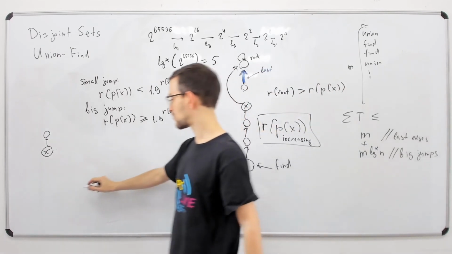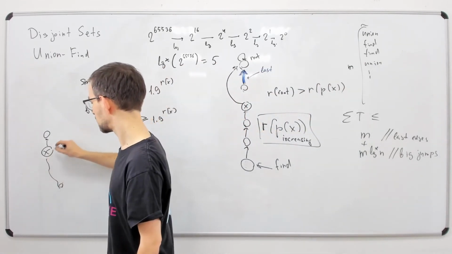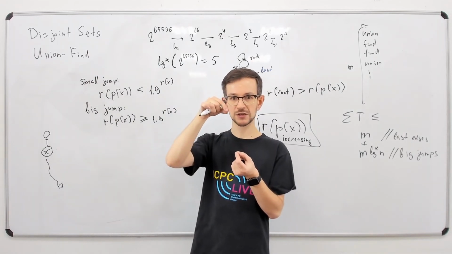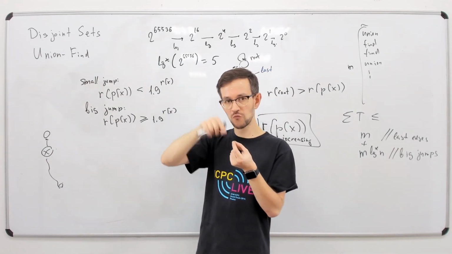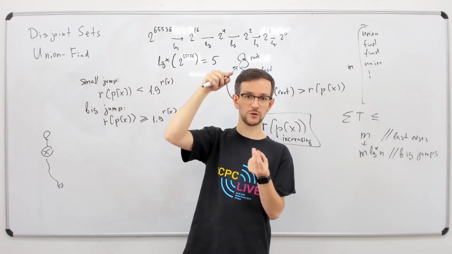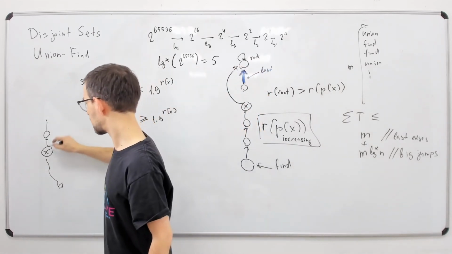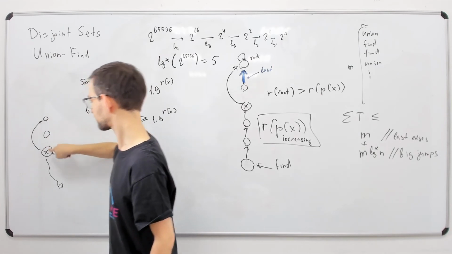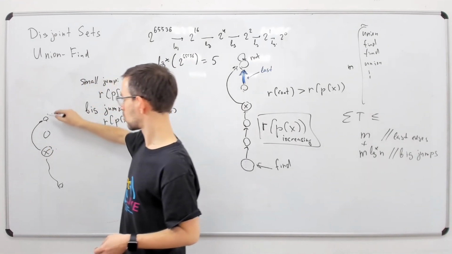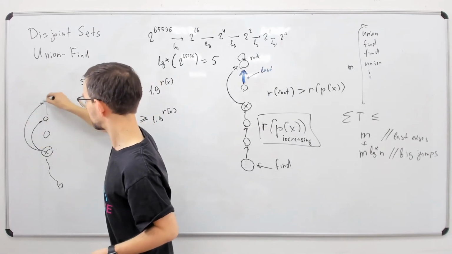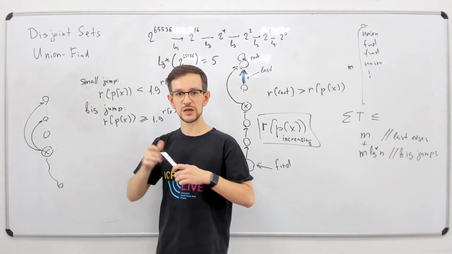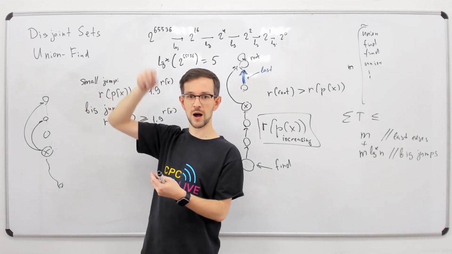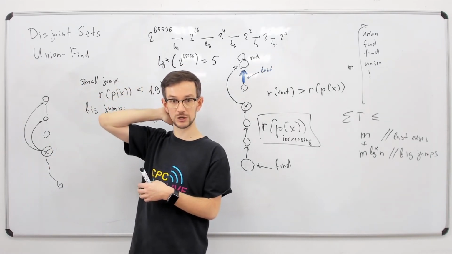Each time this find operation accesses the node x, you will move the pointer from the parent to some other node. So if you go here, then you move the pointer here. Next time, if you go here, you will move the pointer even farther. So each time you access node x, you move this pointer up to the root of the tree.